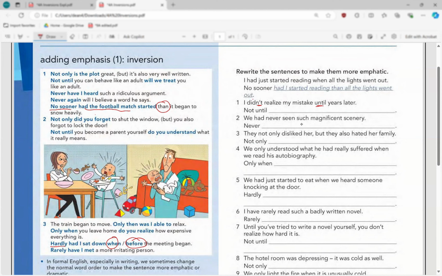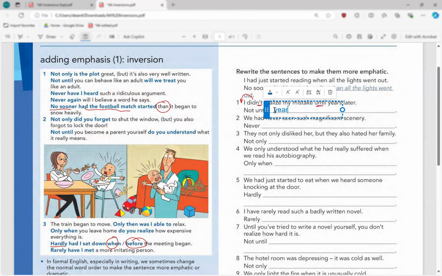And then obviously I'm going to put did before the subject to invert it: did I realize my mistake? Not until years later did I realize my mistake.